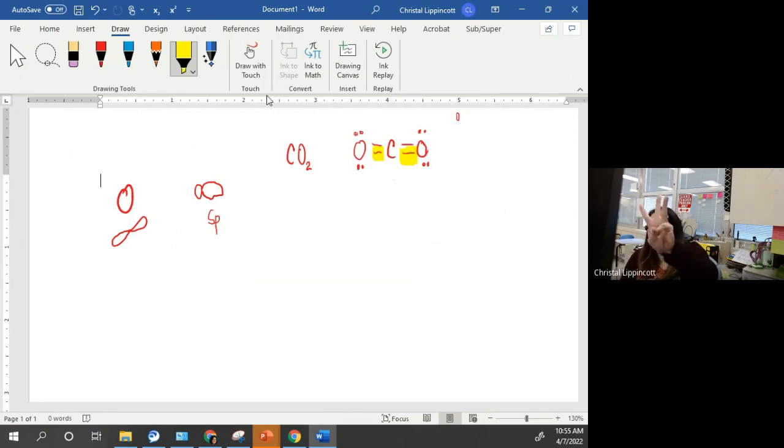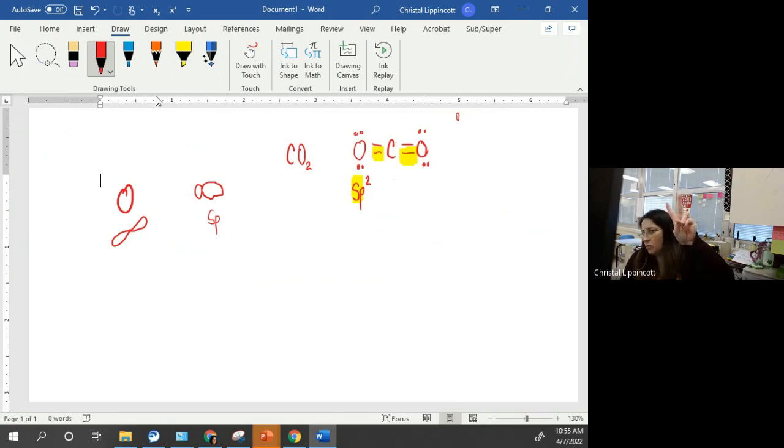I told you to hold up 3 fingers, and for each one of these, pull 1 down. So for oxygen, I'm going to pull 1 finger down, so its hybridization is going to be sp2. Remember that? I pull a finger down for this pi bond.